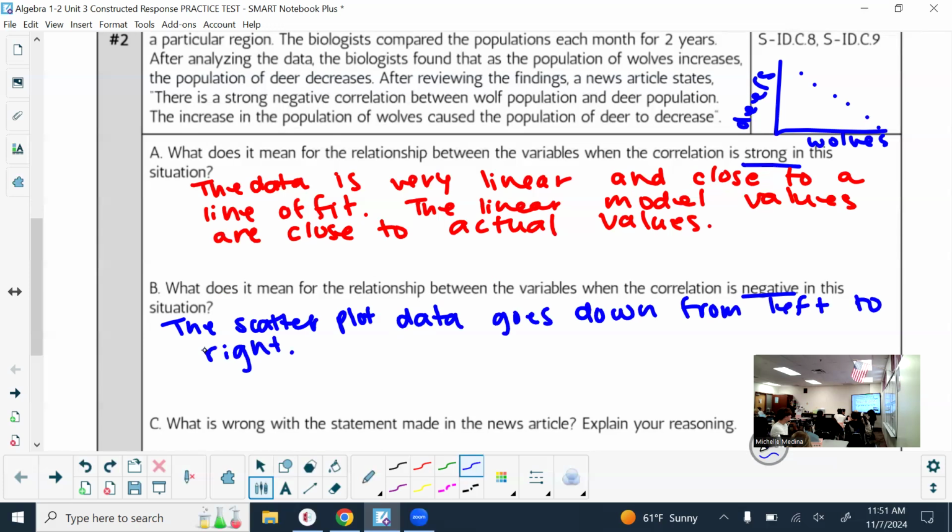Something to that effect. You could say that as X increases, the Y decreases. Basically what it means. As X increases, the Y decreases. Otherwise, if they both increase at the same time, it'd be positive.